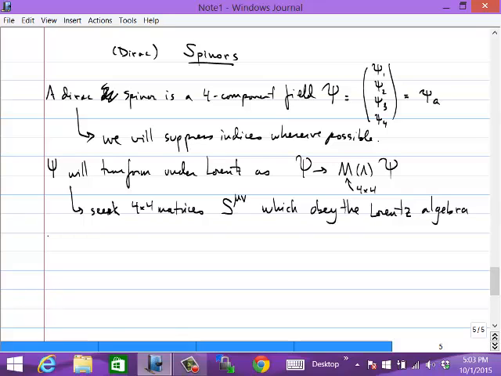So here's the trick. This is Dirac's famous trick. The trick is that if you have 4 matrices called gamma mu, which obey what's known as the Clifford algebra, also known as the Dirac algebra, but Dirac invented a lot of algebras, so we'll call it the Clifford algebra.